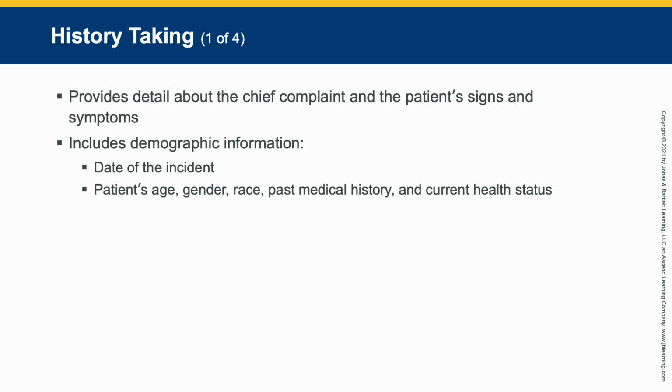Now, once we're done with our primary, immediate life threats are addressed and all your transport decisions are made, right? That's when we're going to shift into the history taking phase of our assessment. This is really where we start to build a deeper understanding of the patient's condition. The key objective here is to investigate the chief complaint, and that's really the main reason that the patient or someone else called 911.